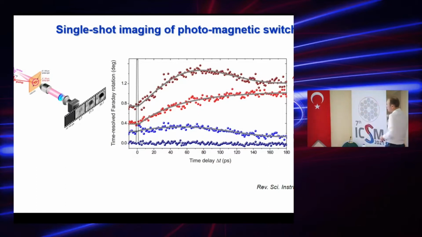For low fluence, we confirm precession with low amplitude and damping. However, for high fluence above the threshold limit, we observe an exponential dependence of the switching with time, which is close to 100 picoseconds. The characteristic time is close to 20 to 30 picoseconds.